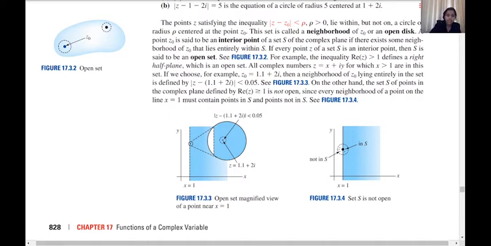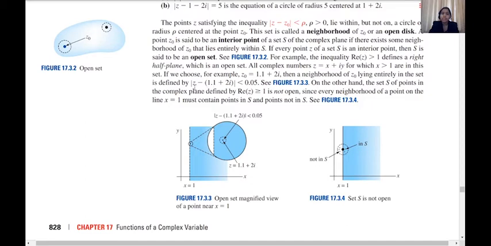The set is this blue region, that is real part of z is greater than 1. They have given an example here: if we choose z dot is equal to 1.1 plus 2i, here the value of y doesn't matter, but x must be greater than 1 because real part of z is greater than 1. So they have taken 1.1. We can find a small value such that this point and its neighborhood is completely inside the region.